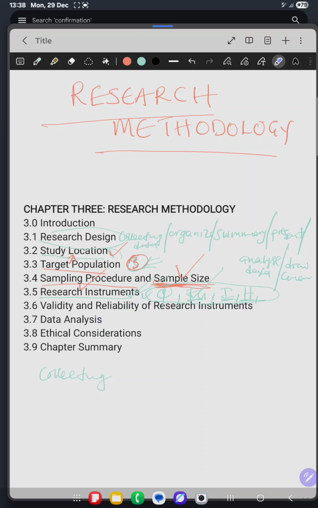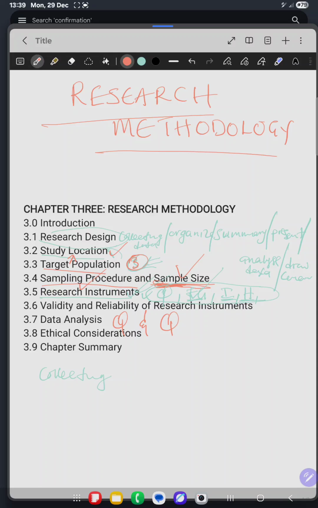Now, data collected is in two forms. We have what we call qualitative data and quantitative data. So when you hear the word qualitative, it means you are dealing with data which is non-numerical, data that does not involve numbers.